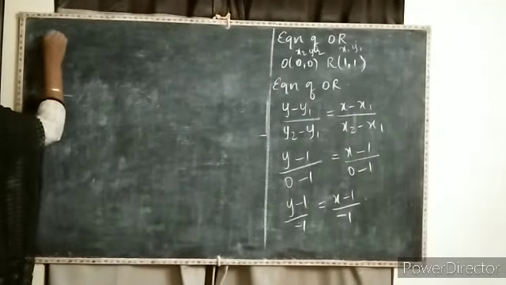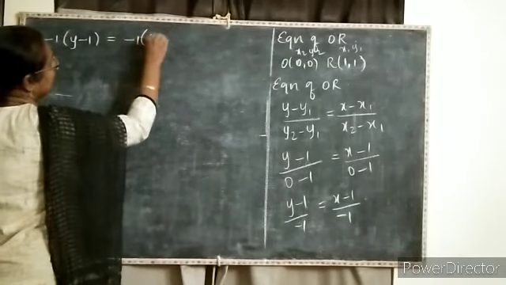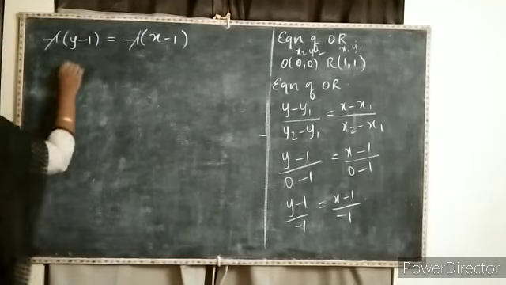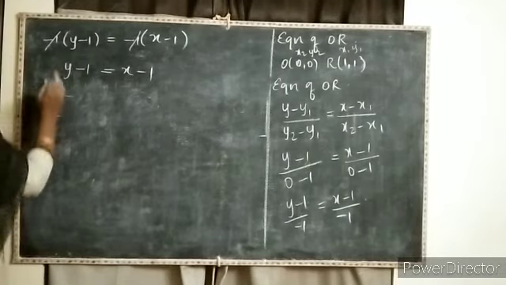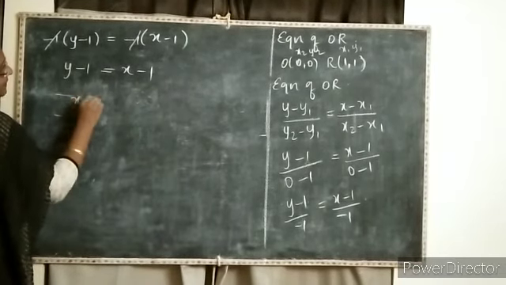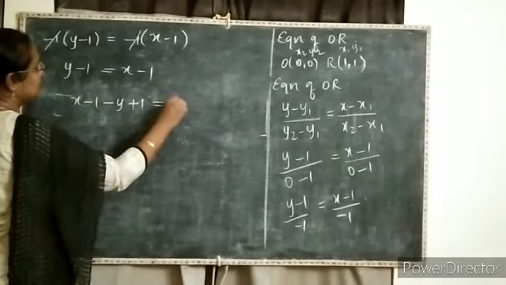So now this minus 1 will come this side. y minus 1 is equal to minus 1 into (x minus 1). Now this minus 1 and minus 1 are getting cancelled. So y minus 1 is equal to x minus 1. Let us move all these terms to that side. So x minus 1 minus y plus 1 is equal to 0.